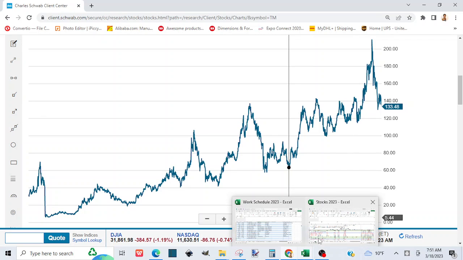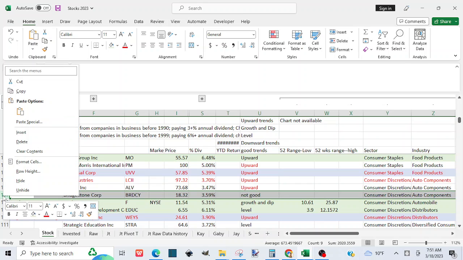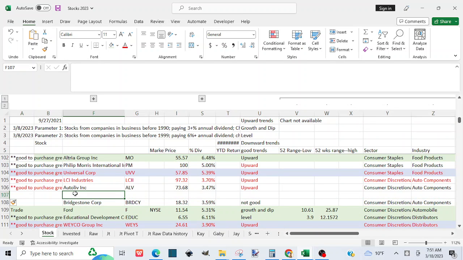So, let me see here. Toyota, TM, is selling on the New York Exchange.